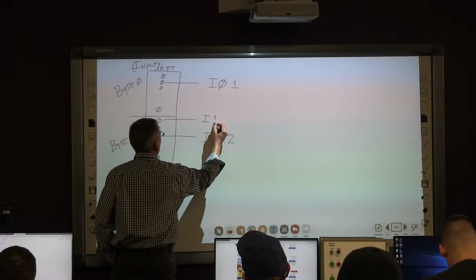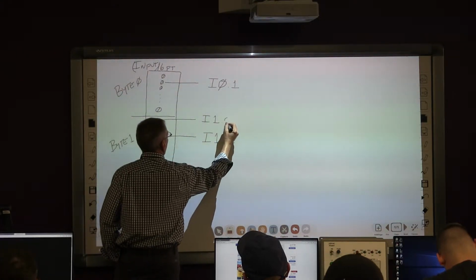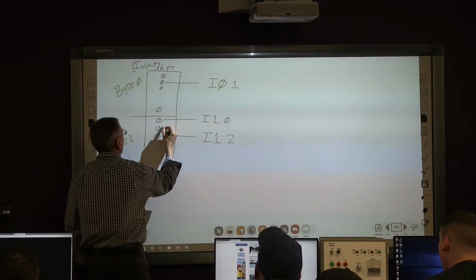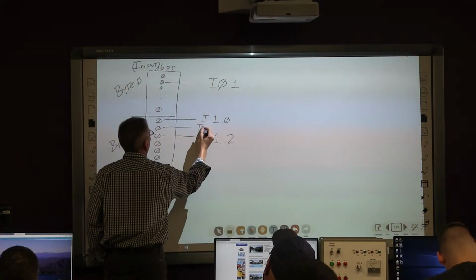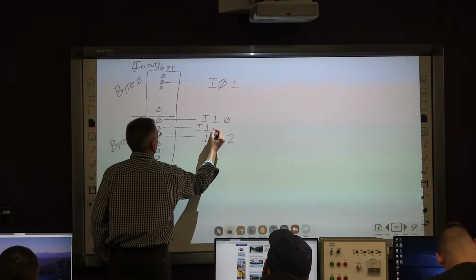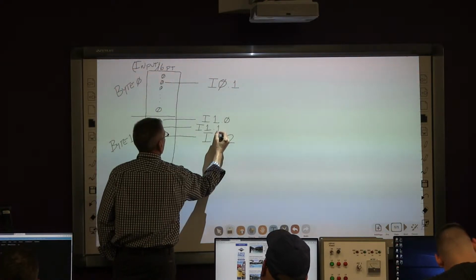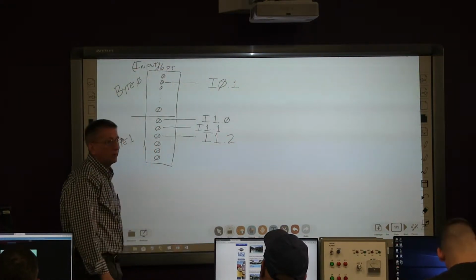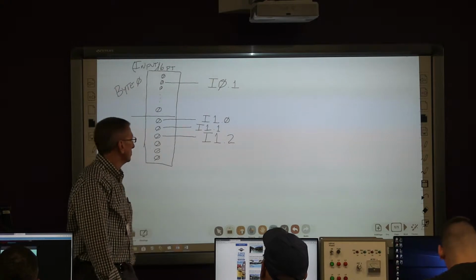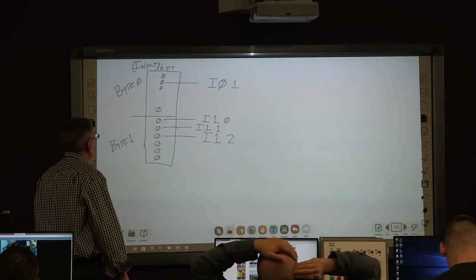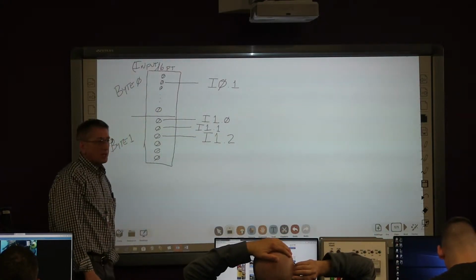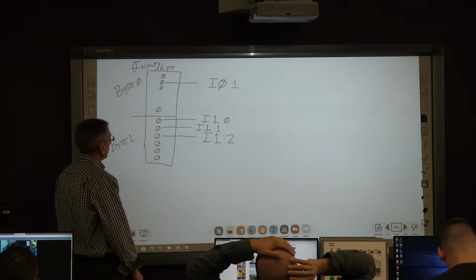Input by 1, bit 0. Input by 1, bit 1, and so on. Another difference in the addressing, which is not a showstopper.